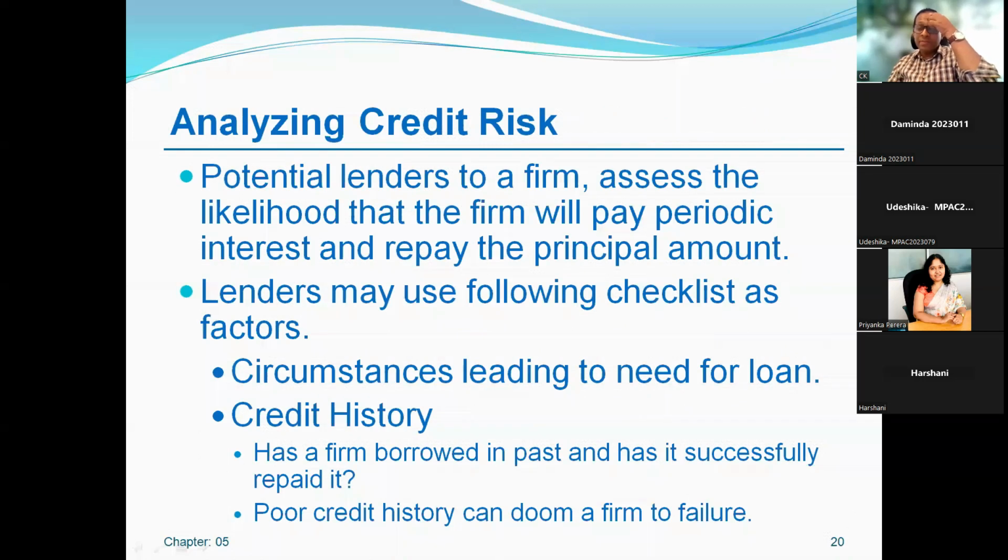Then we have the credit risk. It's easy to look at this credit risk from a bank's point of view. Finance companies, when they lend money to businesses, follow this technique, and this goes well with other organizations as well. So when you give credit, there's no harm in going through these parameters.